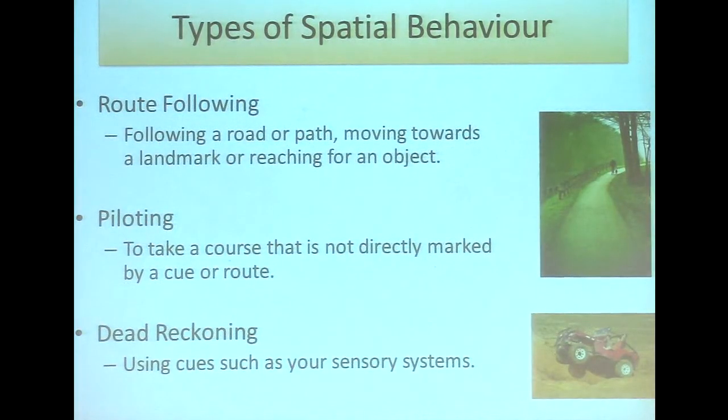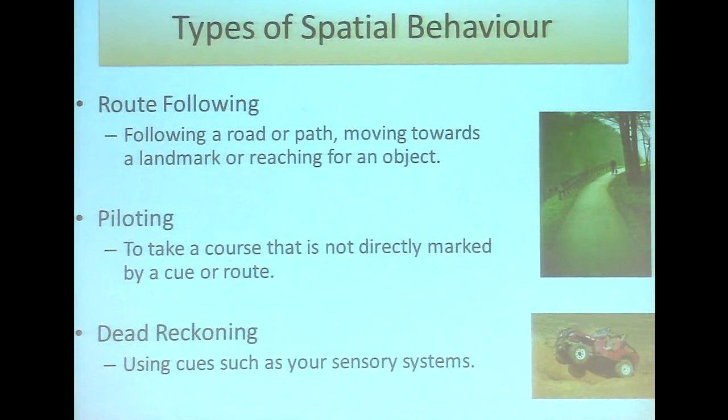Now, there are three different types of spatial behaviors that Kolb mentions. The one is route following, where you follow a road or a path, moving towards a landmark or reaching for an object. It's purpose-driven. There's a clear road, and you know where you're reaching. Then you get piloting, which is to take a course that is not directly marked by a cue or a route.